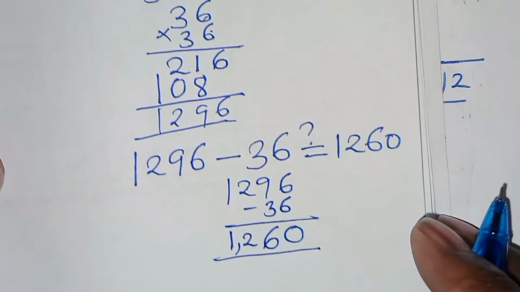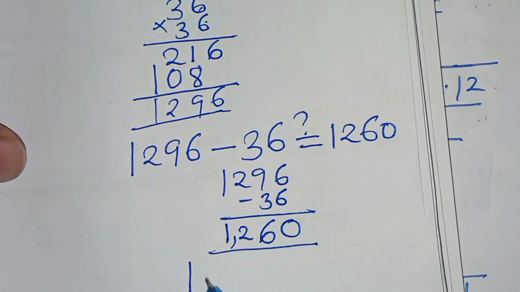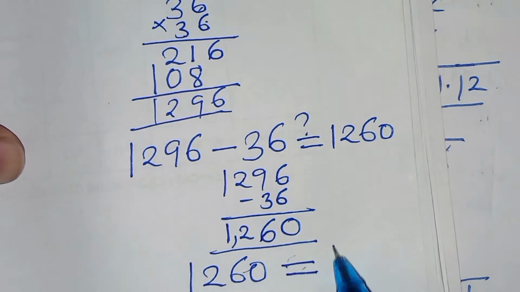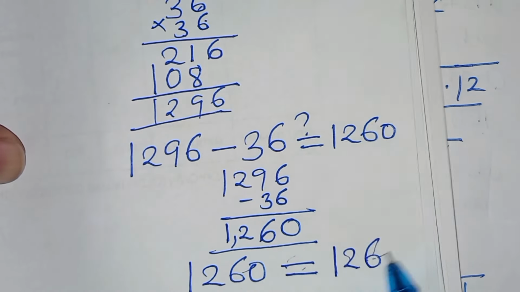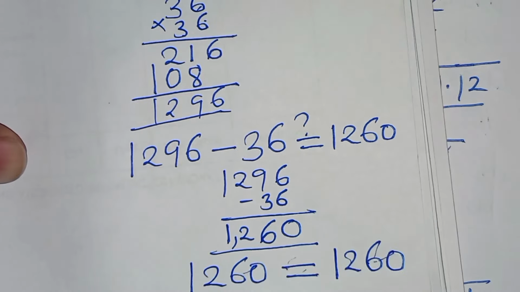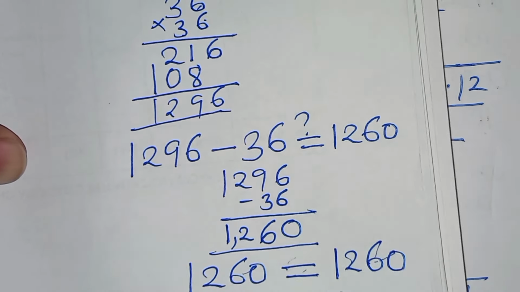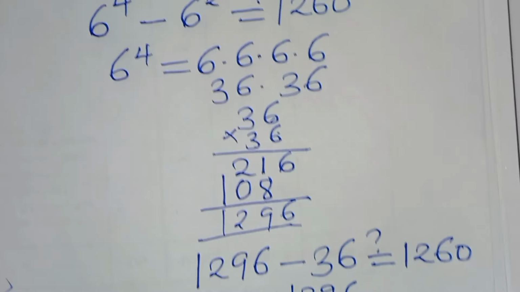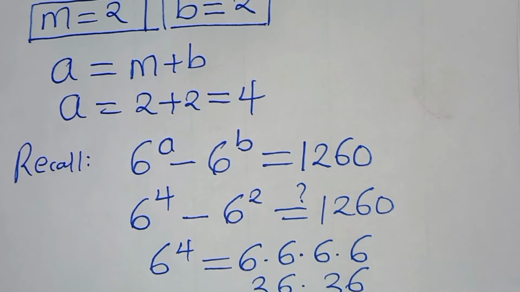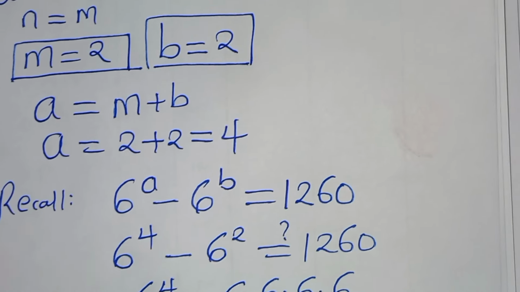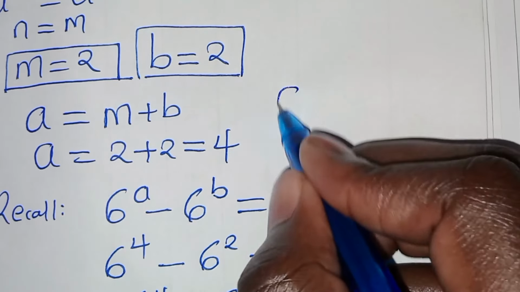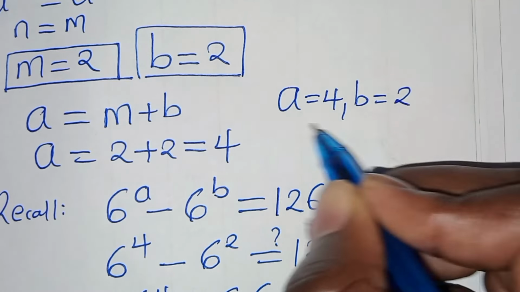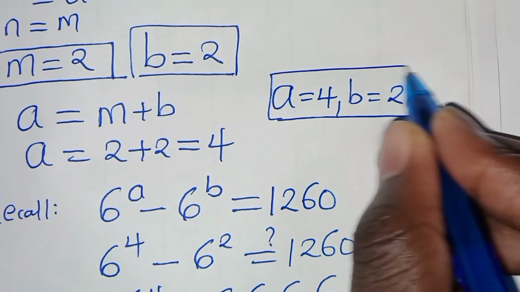So this proves that on the left-hand side we have 1260, as well as on the right-hand side we have 1260. So the left-hand side is equal to the right-hand side, and this proves that the values of a and b satisfy the equation. That is, a equal to 4 and b equal to 2 satisfies the equation.